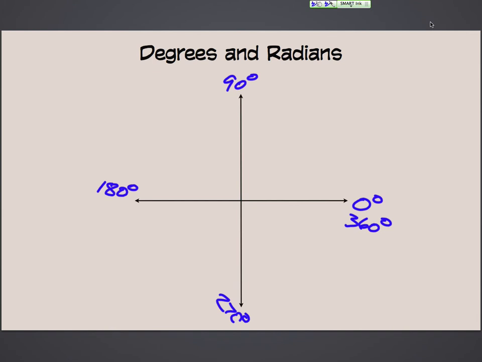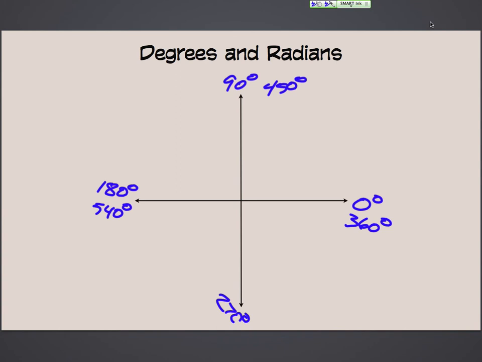Now, you can keep going. We don't have to just stop if we're one time around. So what would my next angle be if I kept going? 450. And then what would that be? 540, and so on.